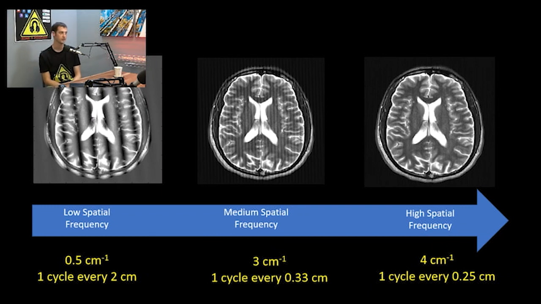That is to say, from black line to black line, it's about 2 centimeters on that picture. In the middle picture, there are 3 black lines for every centimeter, so the distance from one black line to the next is about 1/3 of a centimeter. And the last one on the far right has 4 cycles for every centimeter.